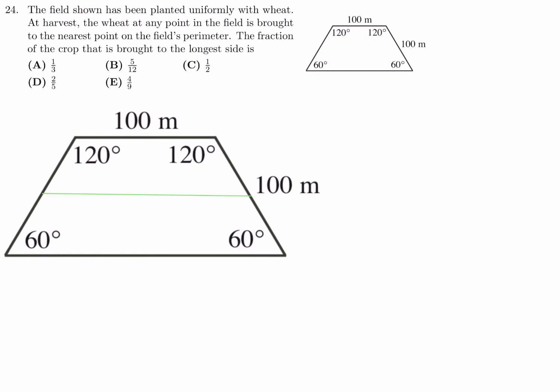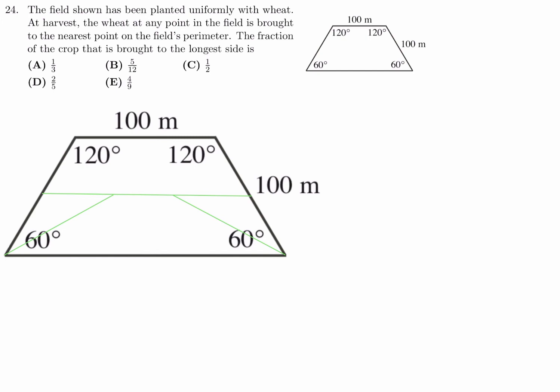Now, I'm still not home free here because, sure, if it's below that green line, it'll be brought to here, here, or here. But I only want the wheat to be brought to the longest side. So what do I do now? Well, that requires us to draw a line that is cutting this angle in half, something like that, approximately, and the same sort of scenario there. What this does is allows us to section it perfectly.